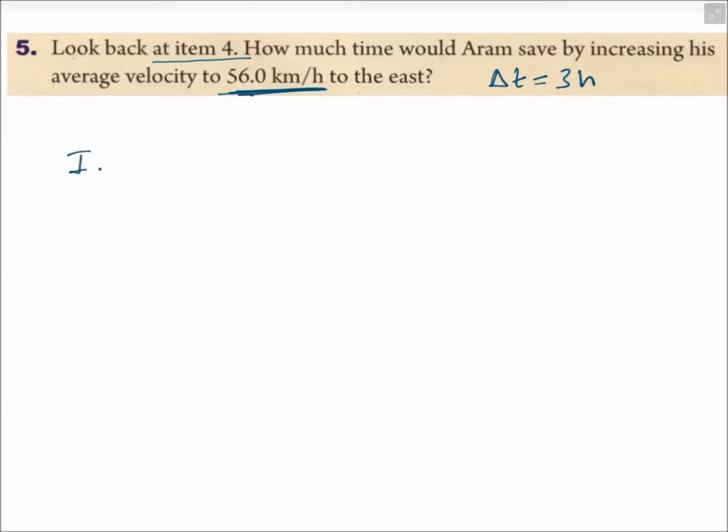The first step, the givens. V average now is equal to 56 kilometer per hour, and the previous question we had delta x, which is equal to 144 kilometer. In the second step, again I'm going to write the formula.